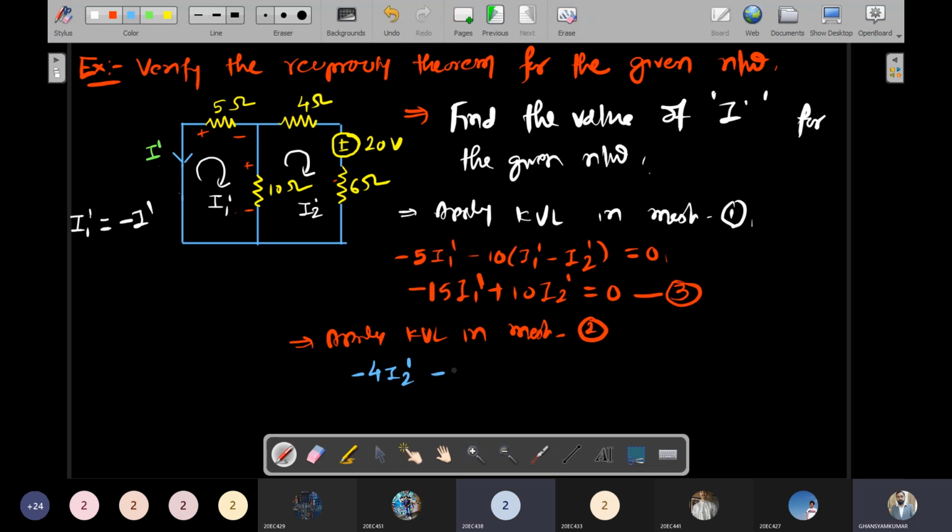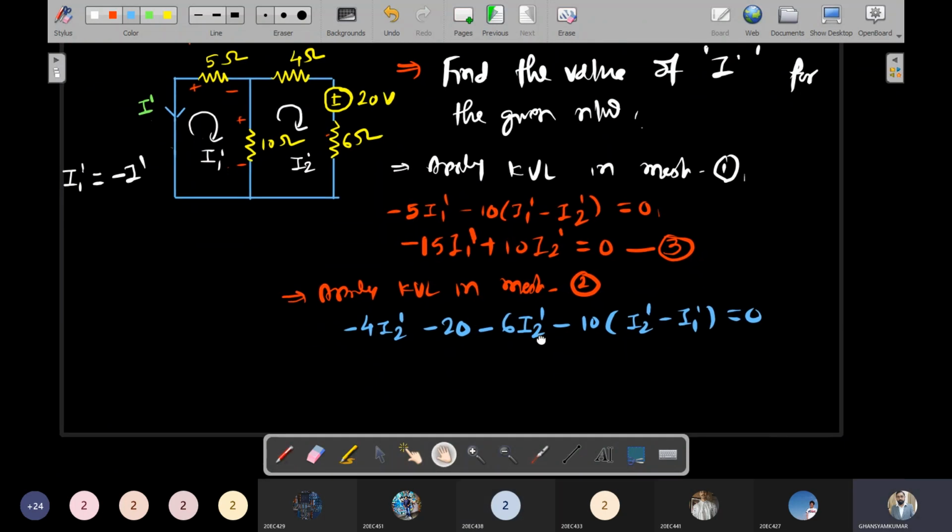Minus 20 volt, okay. Minus 6 I2 dash and minus 10 times I2 dash minus I1 dash, correct?